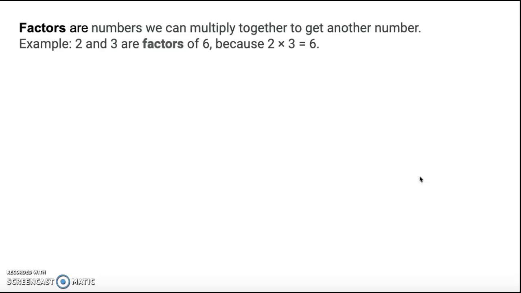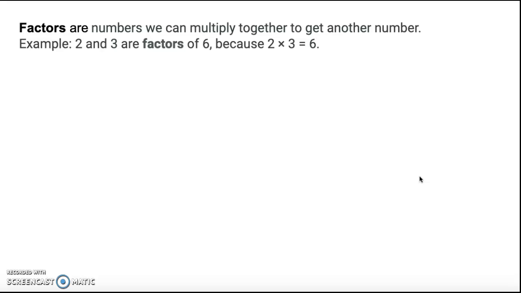So, maybe we might have forgotten what factors are. Factors are numbers we can multiply together to get another number. So, for example, 2 and 3 are factors of 6 because 2 times 3 is 6. Can numbers only have two factors? They can have two factors, but some of them have a lot more, especially those bigger numbers.